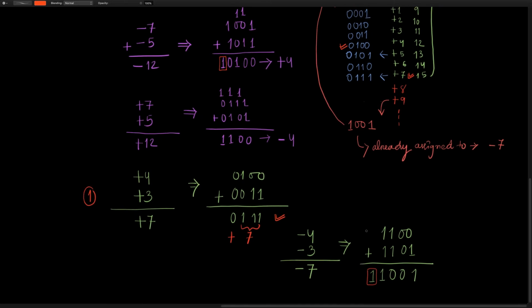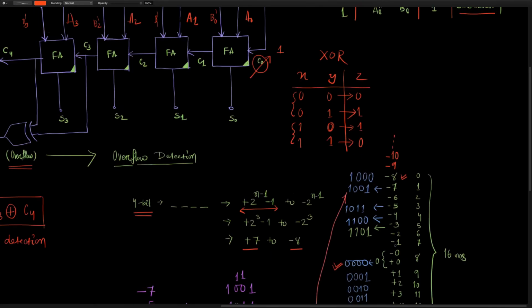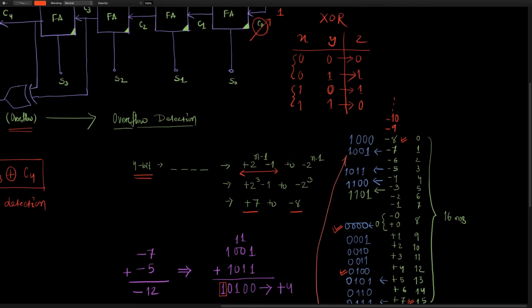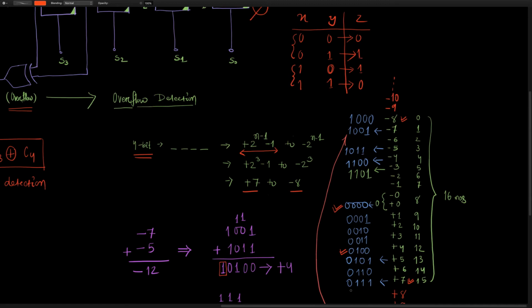If you do the very same thing for the negative numbers, you get the same thing. We have an overflow carry here, but we discard it, and if you consider the rest of the bits, this would be negative 7. According to the signed binary numbers, negative 7 is this one, 1 0 0 1, that is the 2's complement of positive 7.